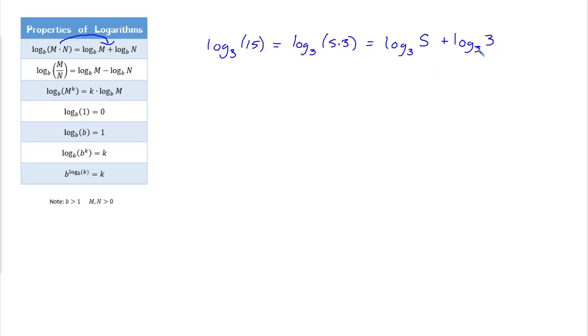And then you can use that property of these threes matching, and you'll end up going down to that 1. So it ends up being log base 3 of 5 plus 1, and that property is right here.